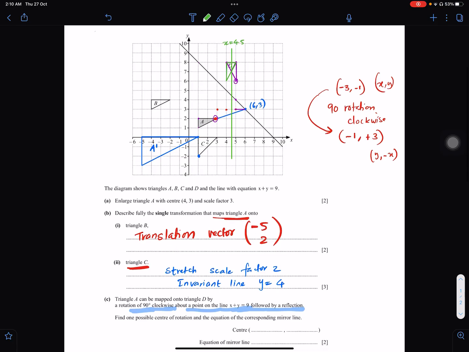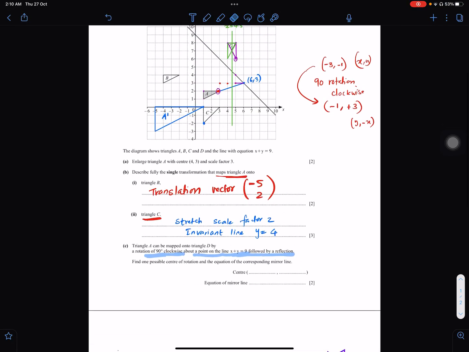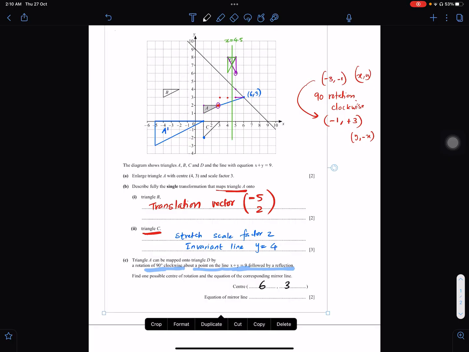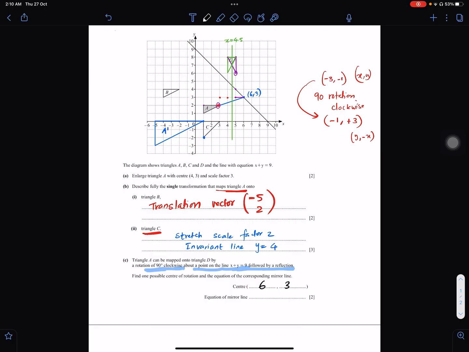So what we have done here is that we have taken a point 6 comma 3. From there, we have rotated the figure by 90 degrees clockwise, and then we are reflecting the rotated figure along a vertical line which is at x equals 4.5.